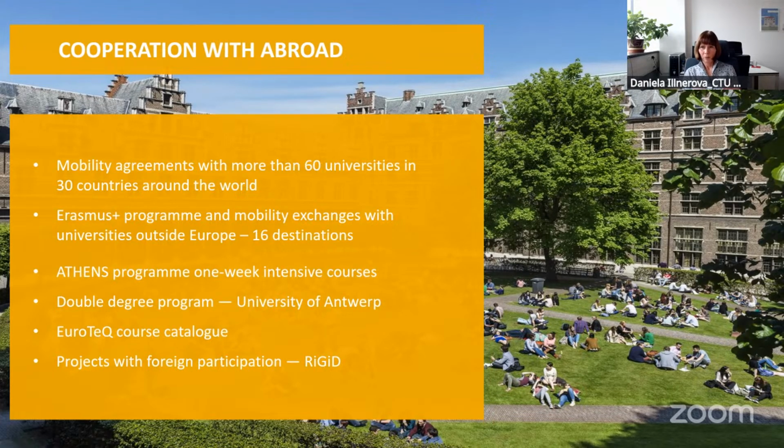Eurotech is the European Alliance of 8 European universities, DTU in Denmark, Technical University of München in Germany, Eindhoven in the Netherlands. You can take online courses within these 8 universities and add them to your curriculum.